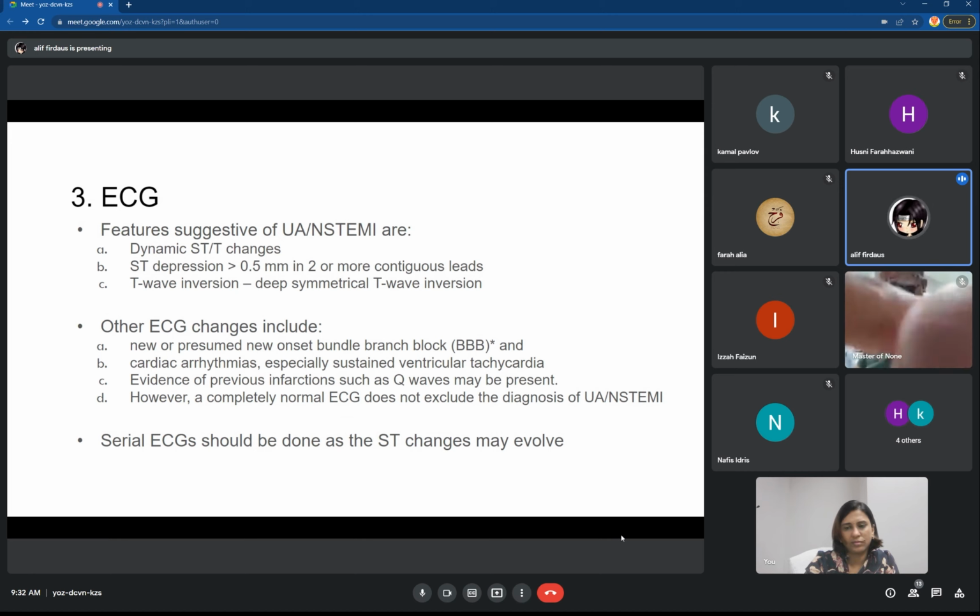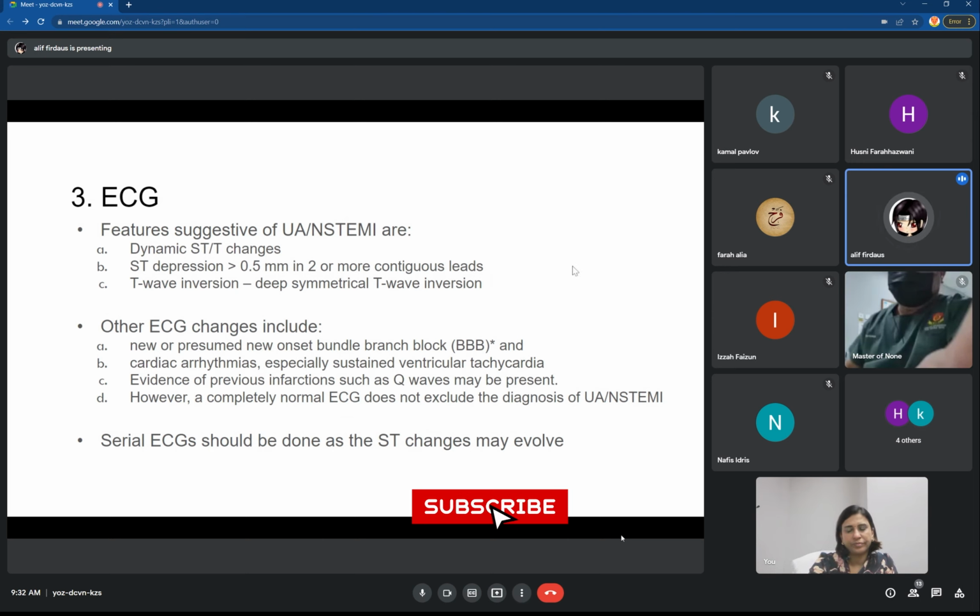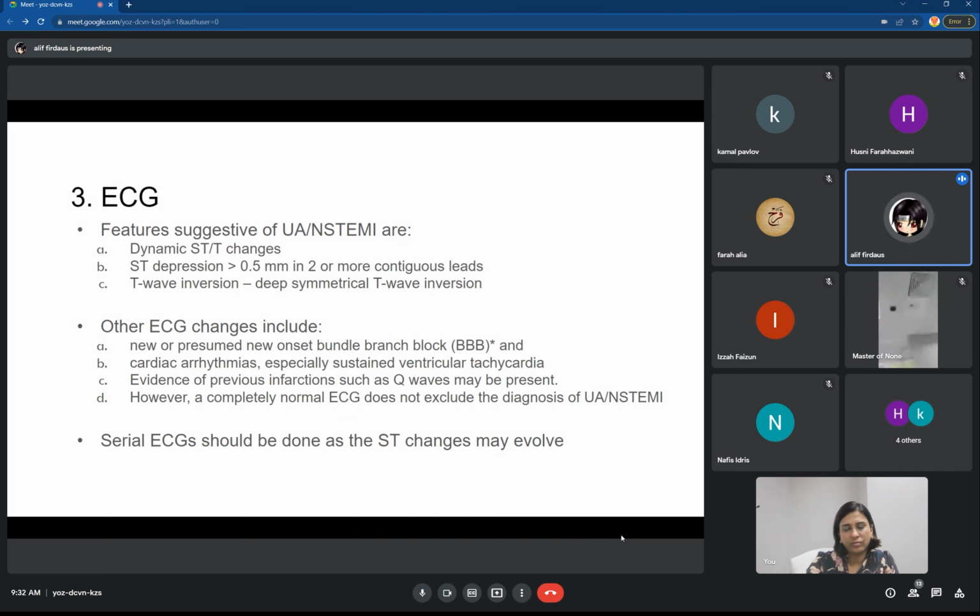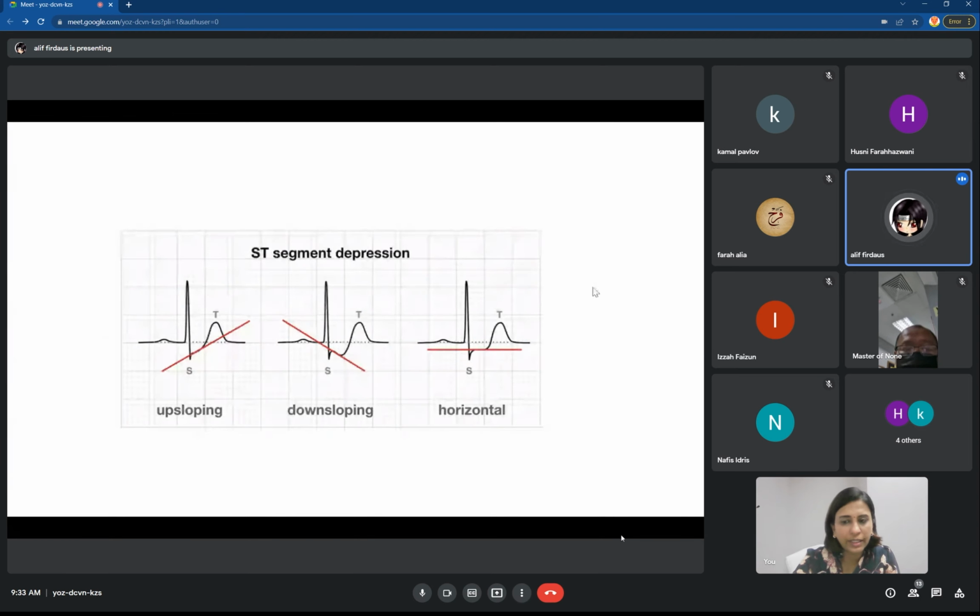The patient might also have T-wave inversion. Other ECG findings that we might miss are new onset bundle branch block, arrhythmias, or previous Q wave. However, a normal ECG does not exclude the diagnosis of unstable angina and non-STEMI. So, in order not to miss the diagnosis, we have to do serial ECGs so we could see the dynamic changes in the ST.